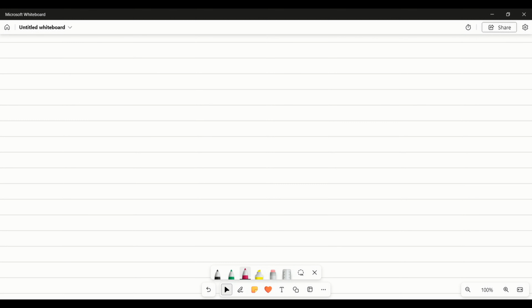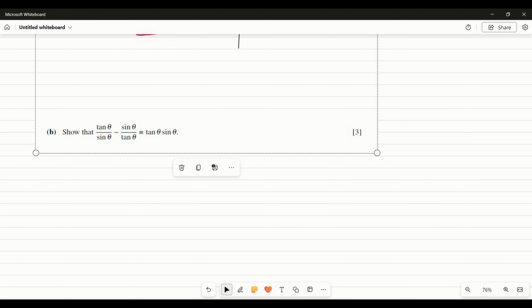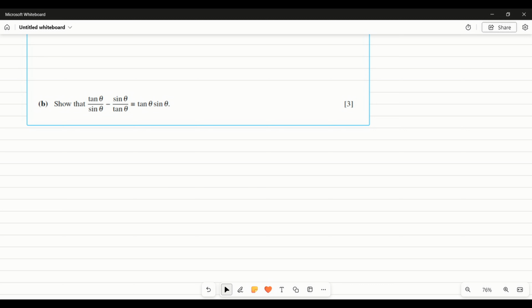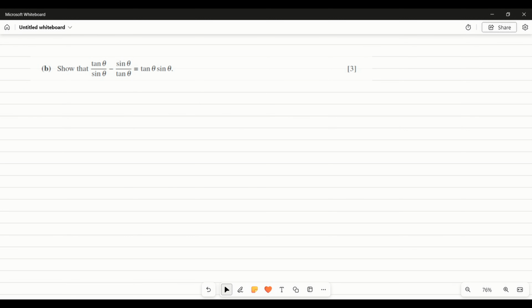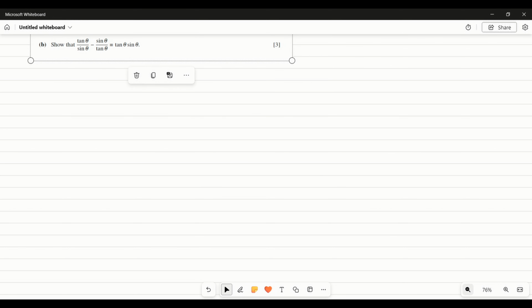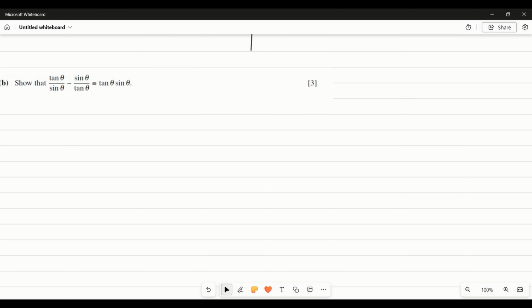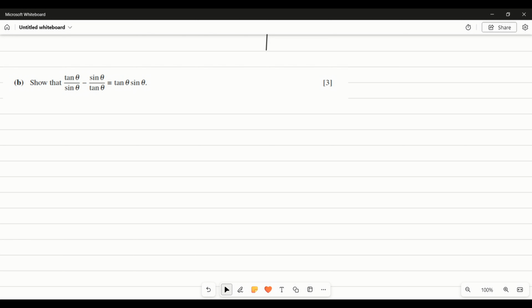Then for part B, they want you to show that tan theta over sine theta minus sine theta over tan theta is given by tan theta sine theta. Good. This is a very simple question.